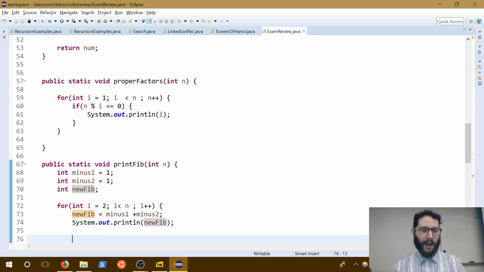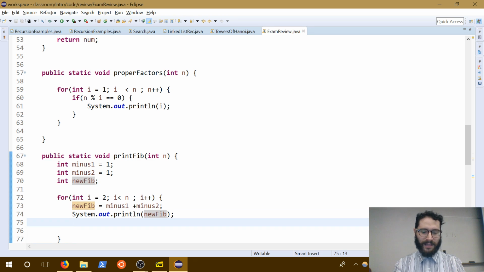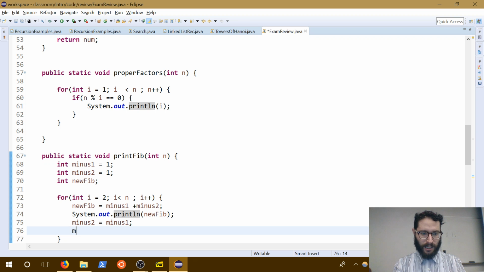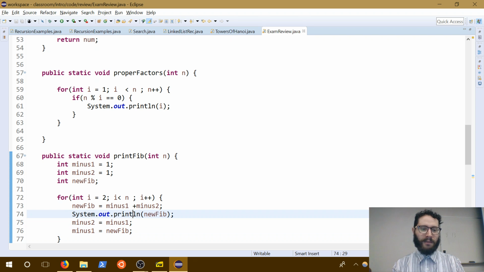So now we've got to actually do that whole throwing away of stuff. And what we can do is say, well, the previous minus 2 is equal to minus 1, and then minus 1 is equal to newFib. Essentially, we throw out all the previous, we basically shift everything over, right?